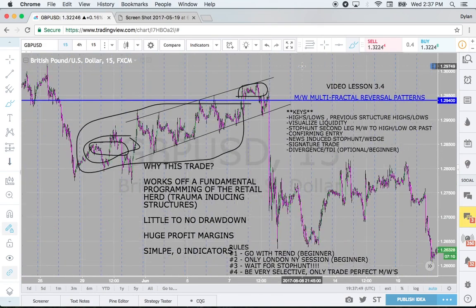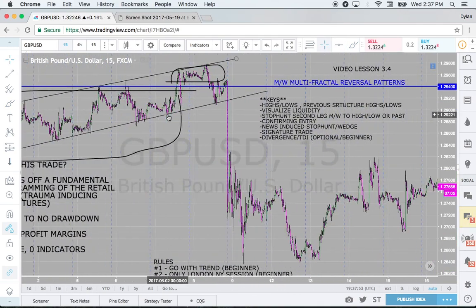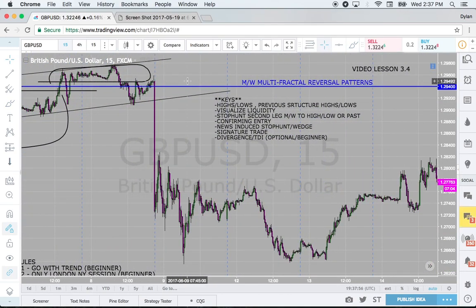In 1 minute, hundreds and hundreds of pips were lost on the GBP. About a 300 pip drop, a 220 pip drop in 1 minute, and then a 300 pip drop in about 9 hours.